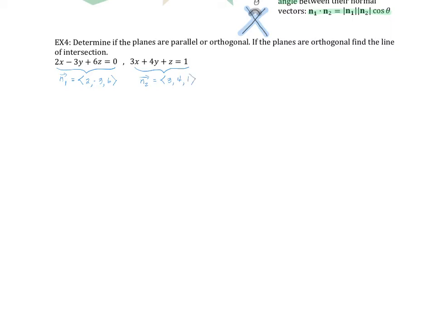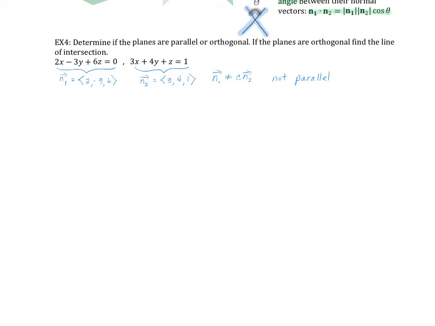Notice that these vectors are not scalar multiples of each other. I can't come up with any number to multiply one so I get the other. So these planes are not parallel. Since they're not parallel, that does not mean they're orthogonal. They may intersect, but not be orthogonal.